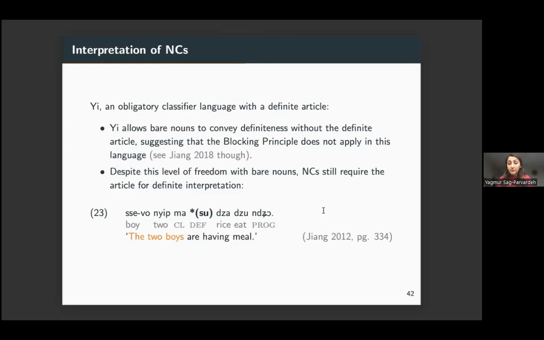Another language is Yi, which is an obligatory classifier language, but it has a definite article. This language is special because its bare nouns can be definite without the definite article, which goes against the cross-linguistic picture. So bare nouns allow iota type shifting even though the language has a definite article. But even then, the numeral constructions still require a demonstrative or the definite article to be able to convey a definite interpretation.